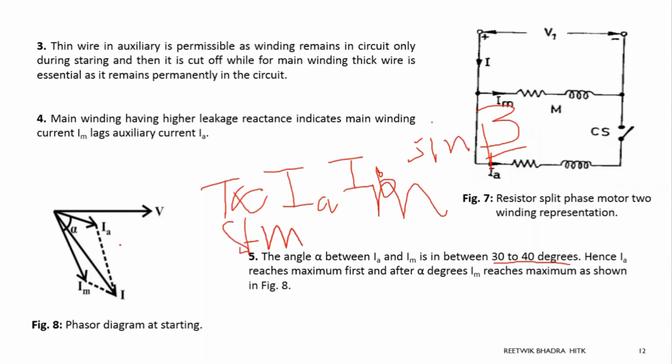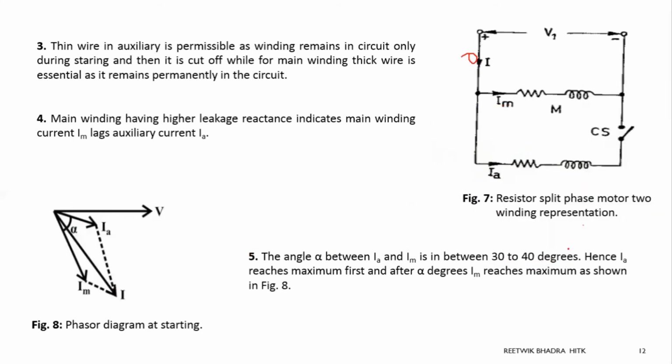This beta should be equal to 90 degrees, right? We can get a starting torque, but that will not be the maximum value. It can be made maximum if this angle can be made 90 degrees. So this is what I want to tell you.